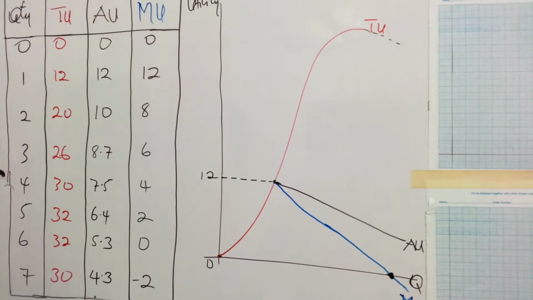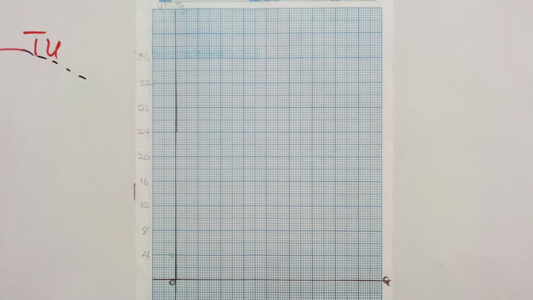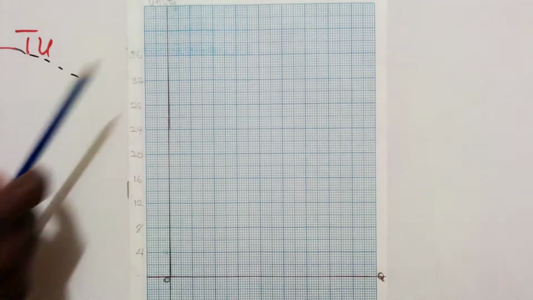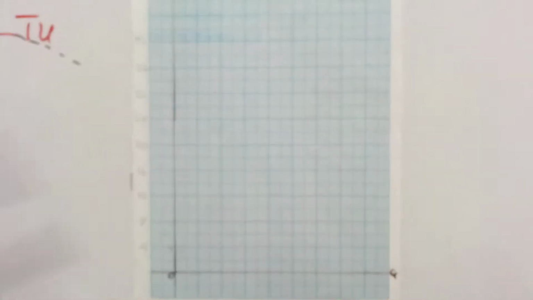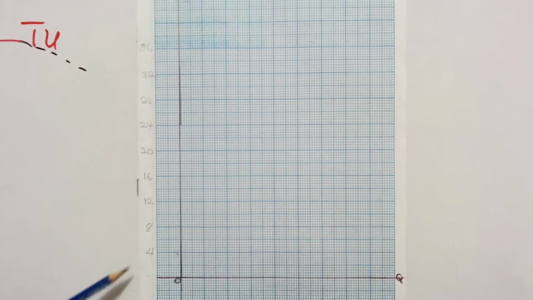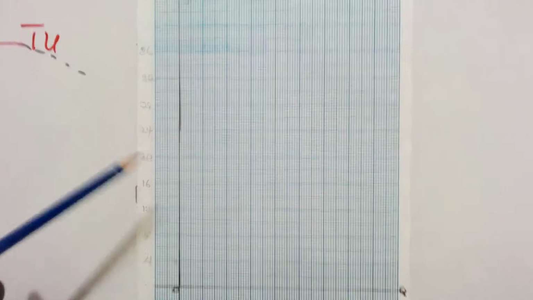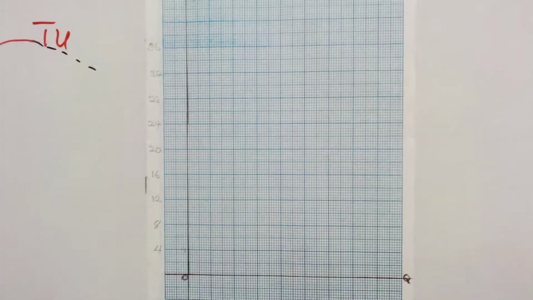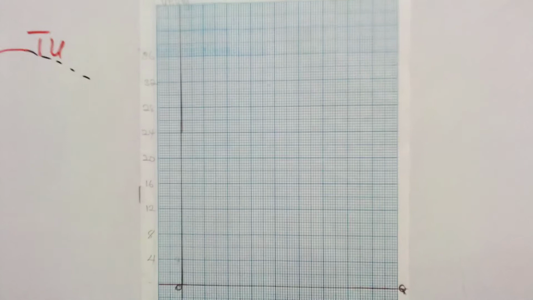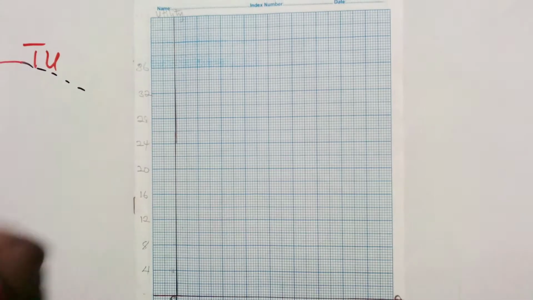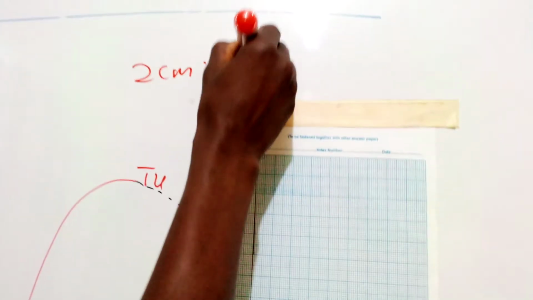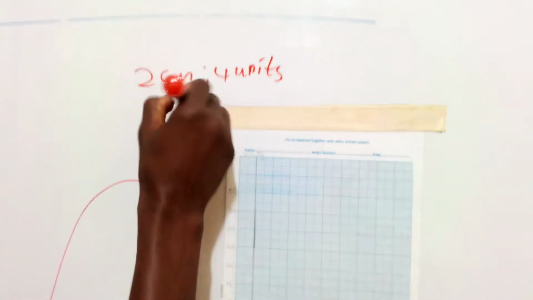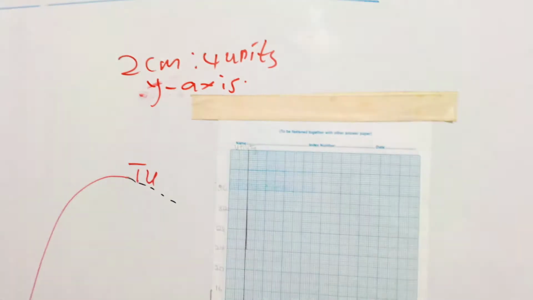Alright, so this is our graph paper, and we want to plot the total utility and the quantity first. We need to choose a scale based on the values of total utility, so we are using a scale of 2 centimeters to 4 units on the utility axis, that is the y-axis.